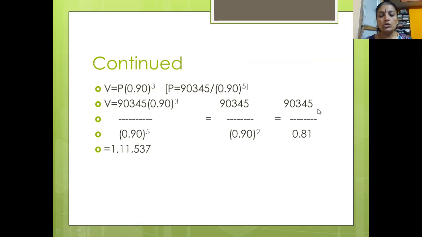And 90,345, you divide it by 0.81, you will get 1,11,537. That is your P. You will get the P as this. Okay, so this is how we have to calculate it.